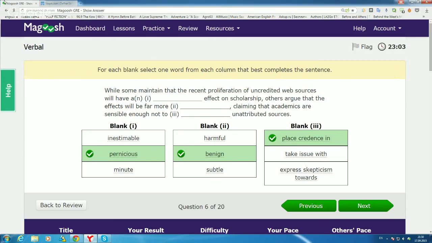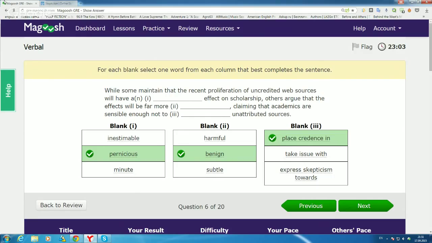I have to go to the second one. Others argue that the effects will be far more blank. We're talking about the effects of having so many uncredited web sources available. They are saying that there are so many websites that have information that's not credited that it is going to affect scholarship.